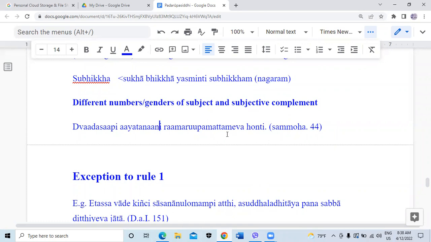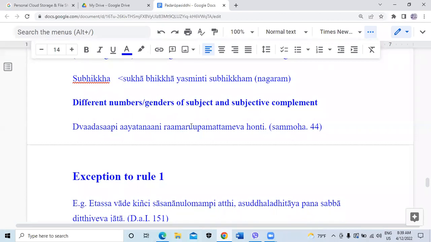Like in English, she is a student; a student also is a subject complement. Here Ayaranani is the subject, and Nāmarūpamattameva is the subject complement in English. Here in Pāḷi we call it Bhāvataddhita.